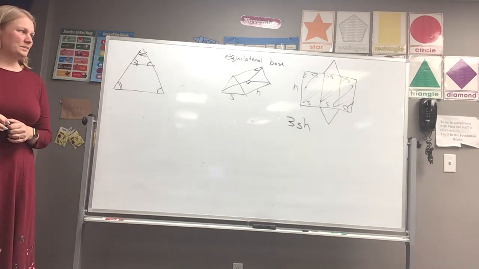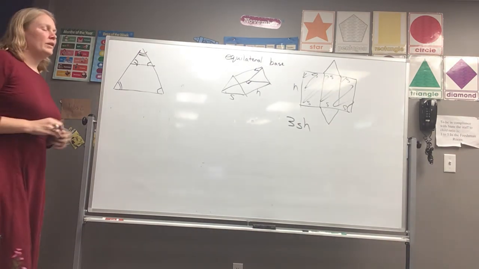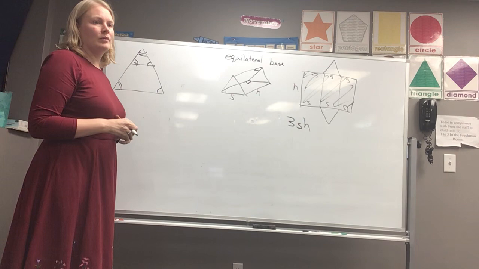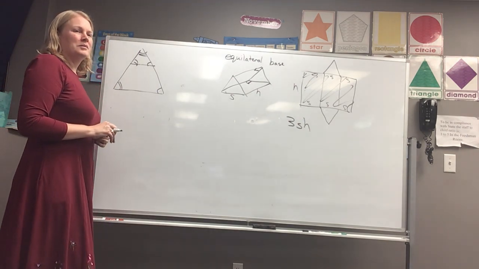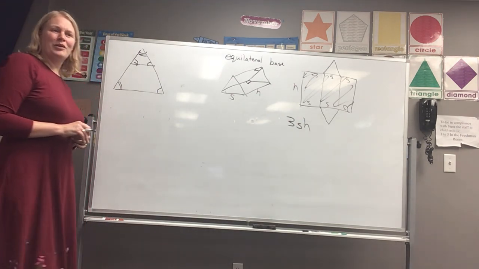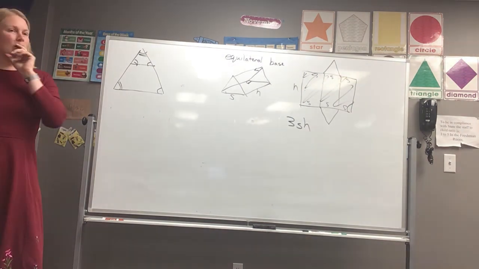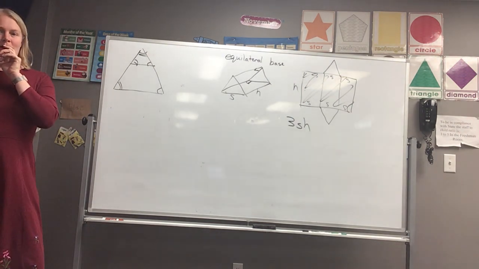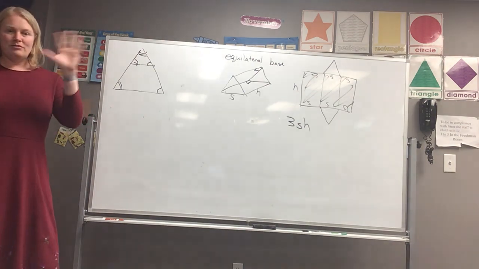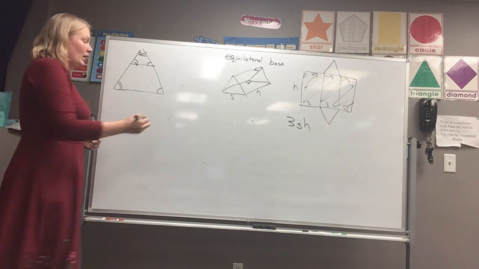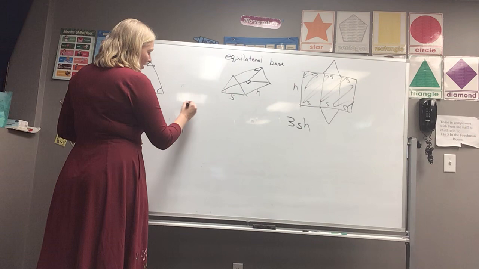Close. You're getting there. What is the area of a regular triangle? Oh, we found the missing point. Okay. Let's go back to the very beginning on that. We've got about 5 to 10 minutes. We'll make it work.